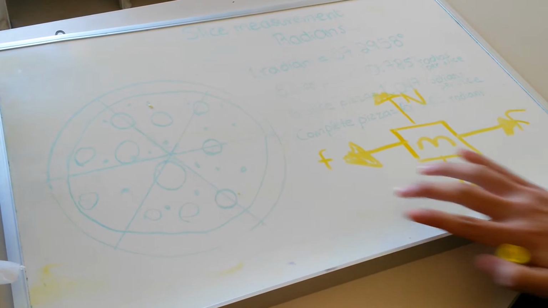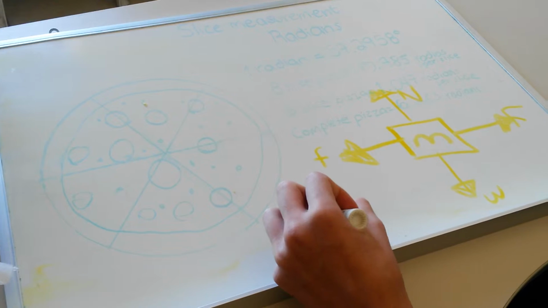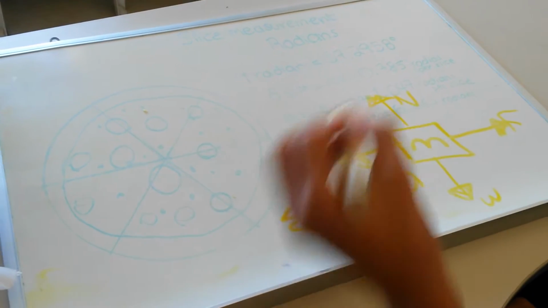The formula to get the friction is: the sum of all the forces in X is equal to the mass times acceleration.